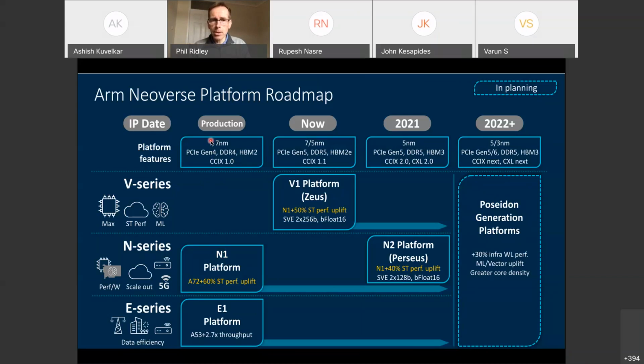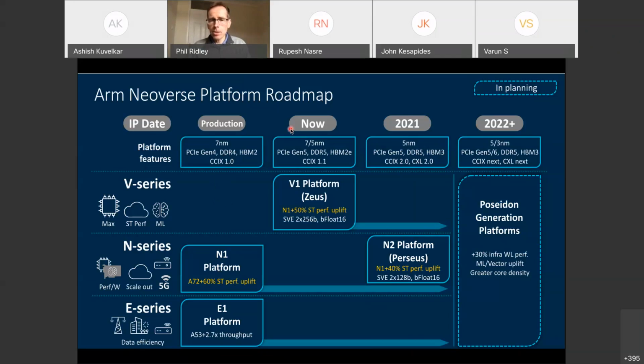It's a 7 nanometer fabrication and DDR4 RAM. So, that's where we are at the moment, and I'll talk more about a couple of processors that are available on this platform.